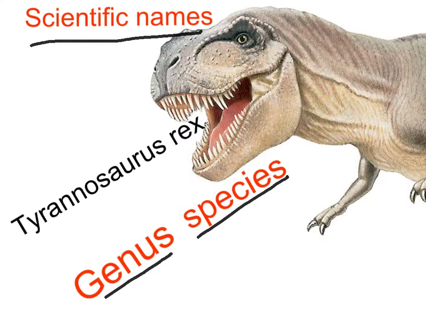Usually, those names are either underlined or italicized with Latin or Greek origins that contain information about that organism. Here we have the Tyrannosaurus rex. Tyrannosaurus is the genus, where rex is the species.